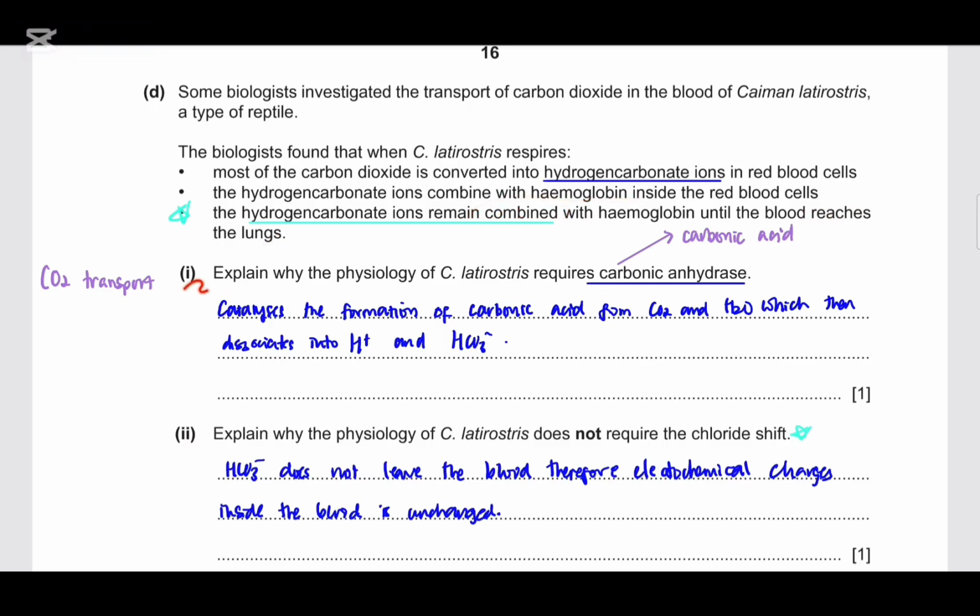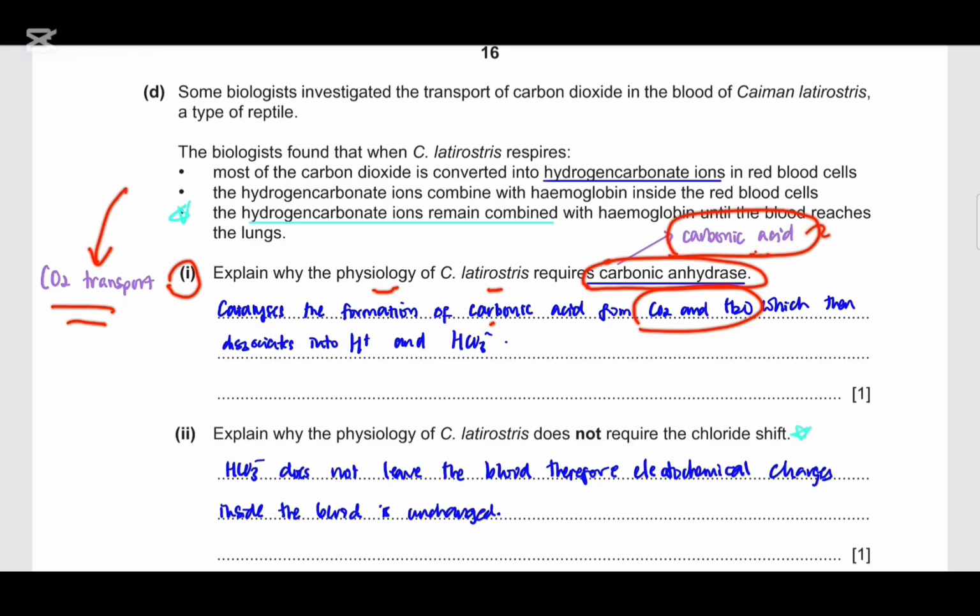So the question is asking us to explain why the physiology of C. latirostris requires carbonic anhydrase. The biology that we know from our lesson is that carbonic anhydrase is involved in carbon dioxide transport. This is the enzyme that catalyzes the conversion of water and carbon dioxide to form carbonic acid. So we know that's the function. Why?